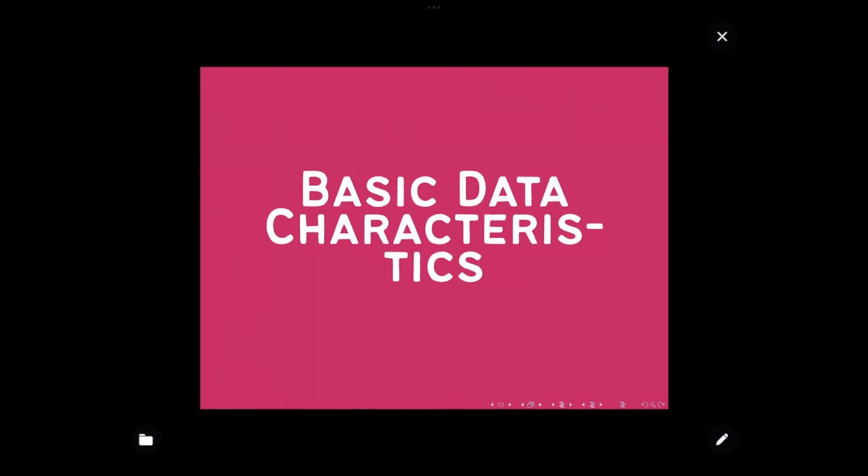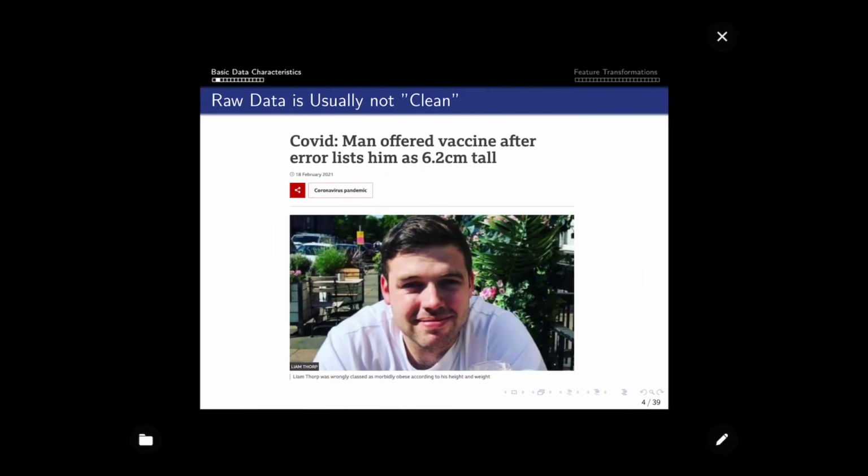Okay, so let's have a look at the basic data characteristics which are important. You might have seen this in the news. It was in the time when we got our first invitations for the vaccine. And one of the stories was that a man got offered the vaccine due to his obesity.